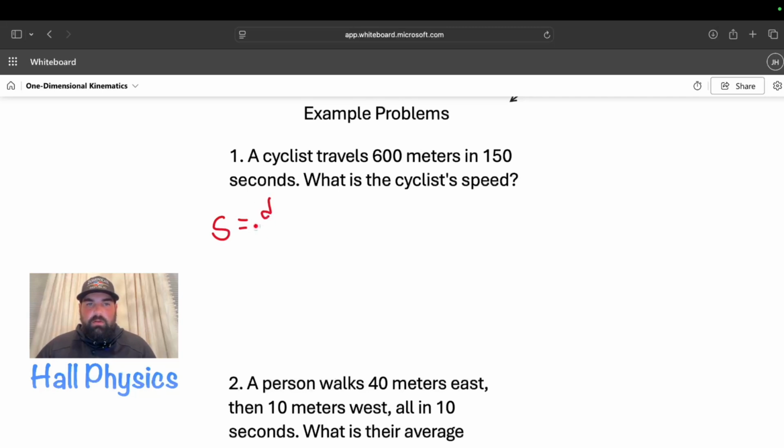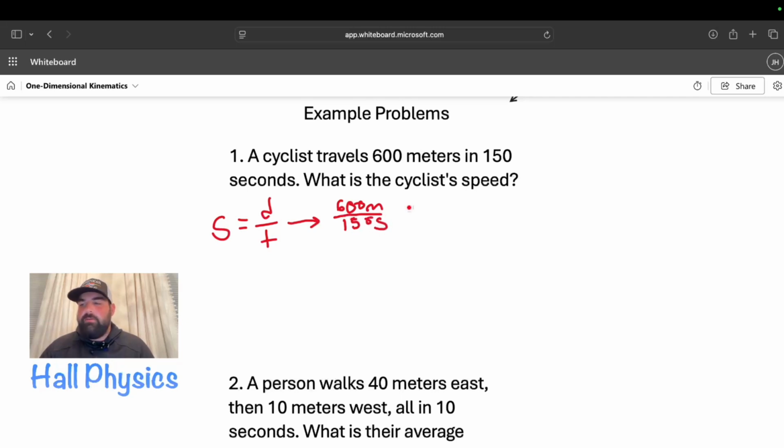All right, so we'll start with our formula, which is speed equals distance over time. Now we plug in our numbers from our problem, and we get that our distance was 600 meters and our time was 150 seconds.